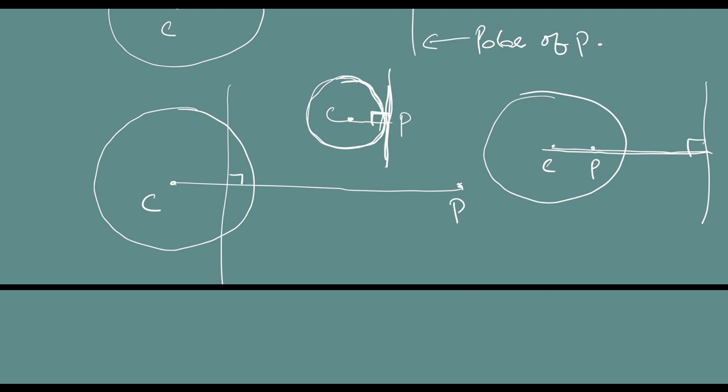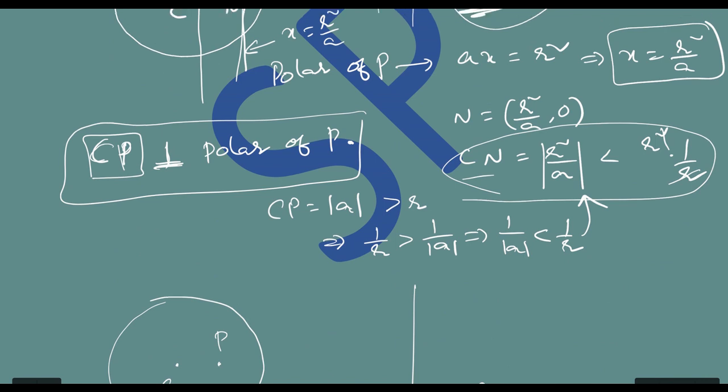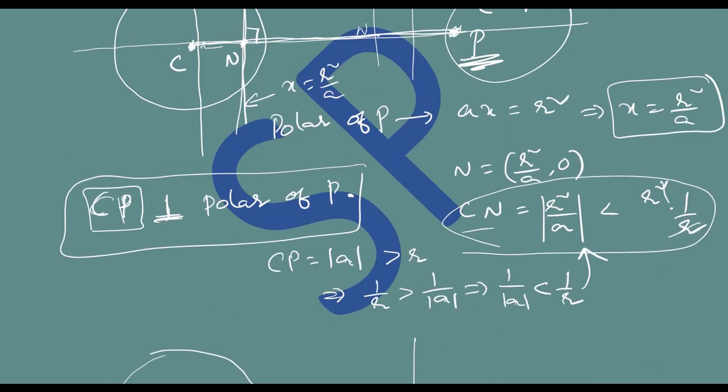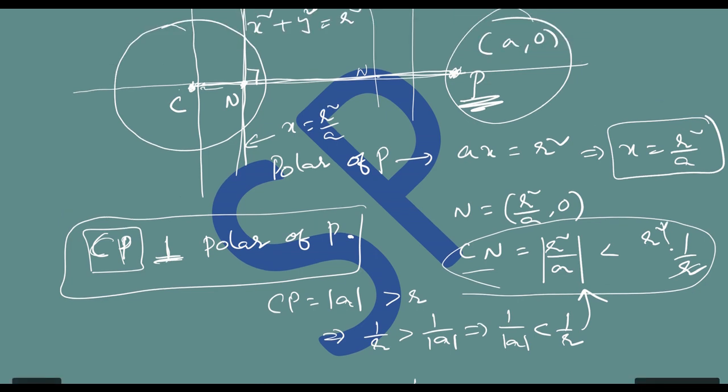Now one more interesting point to observe: CP, we calculated already, is mod A. And what is Cn?